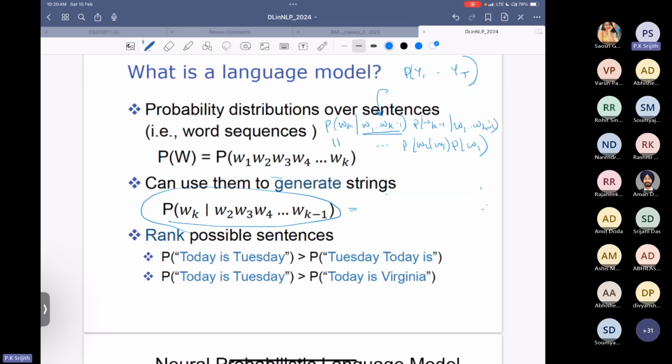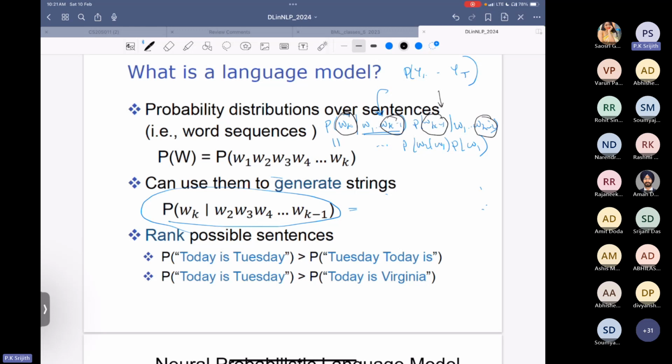So when you assume a first order Markov assumption, you assume that the current word depends only on the previous word, WK minus 1, and not the words before that. So when you are modeling this conditional, according to the first order Markov assumption, you say that WK minus 1 only depends upon WK minus 2 and not the other words, right?